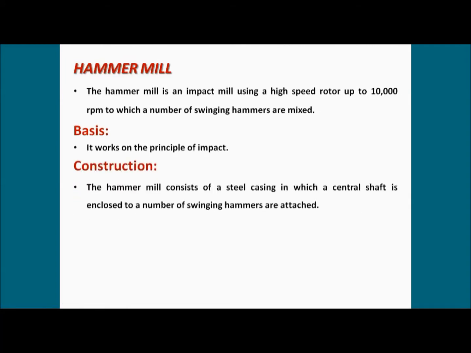Construction: the hammer mill consists of a steel casing in which there is a central shaft, or you can say a central rod. A number of swinging hammers are attached to this central shaft.